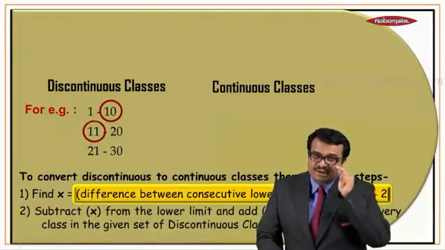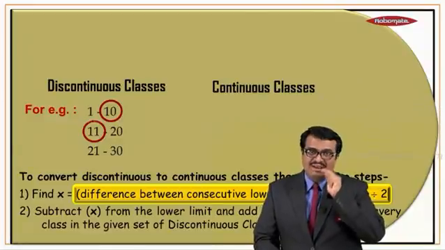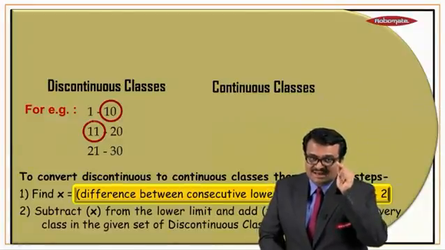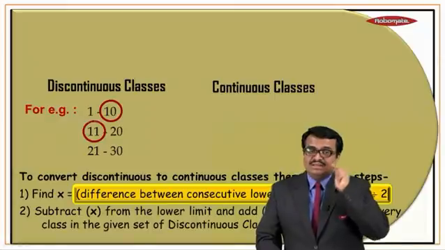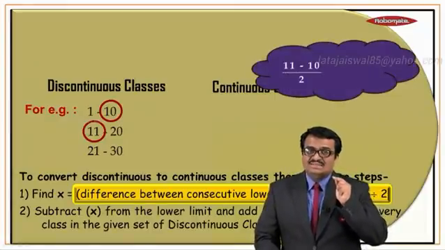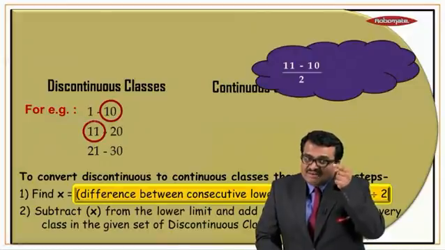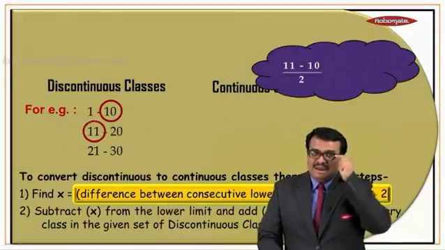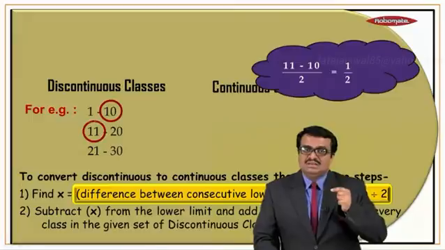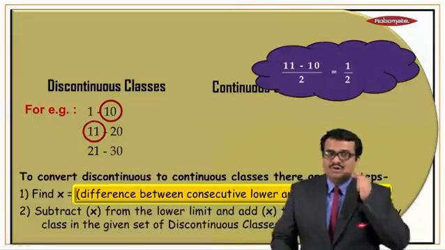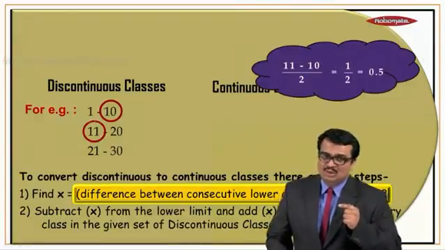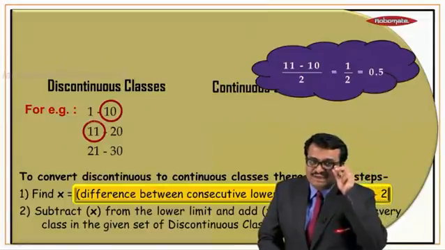The difference between lower and upper limit is how much? 11 and 10. The first one ends at 10, the second one starts from 11. Means what is the difference? The difference will be 11 minus 10. Take the difference and divide it by 2. So, you do 11 minus 10 upon 2. So, 11 minus 10 is how much? 1. 1 upon 2, the value is how much? 0.5. This is the value of that x.